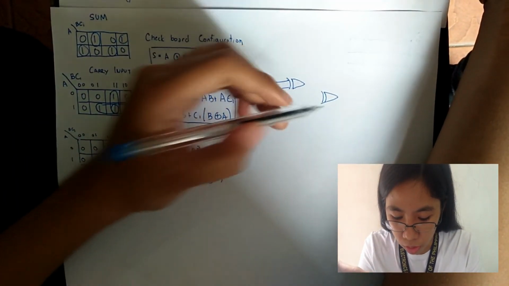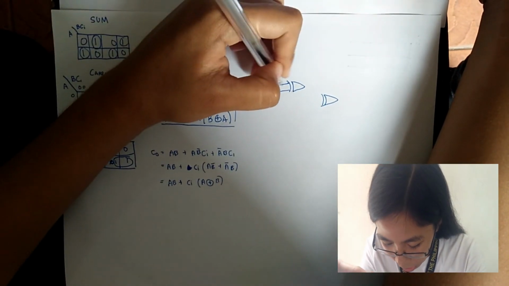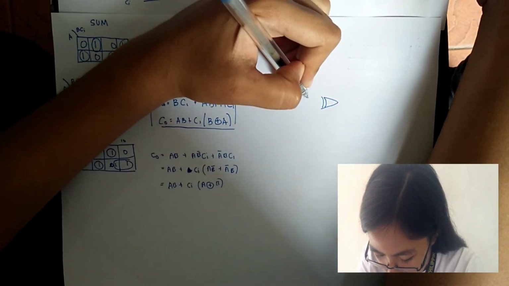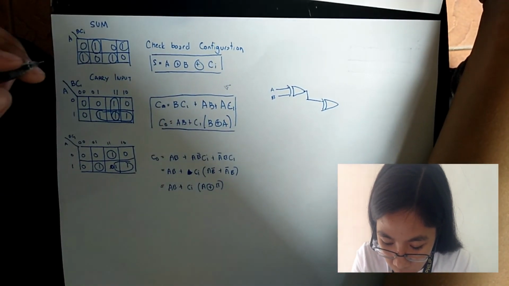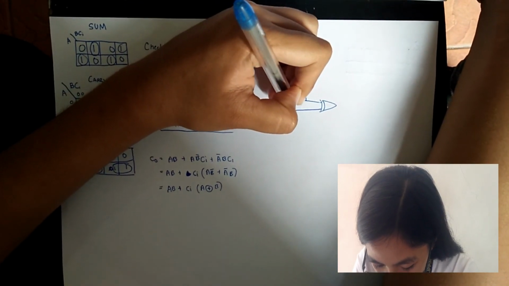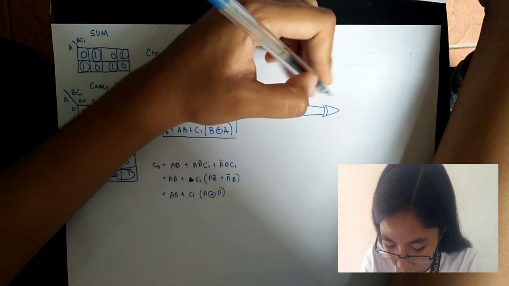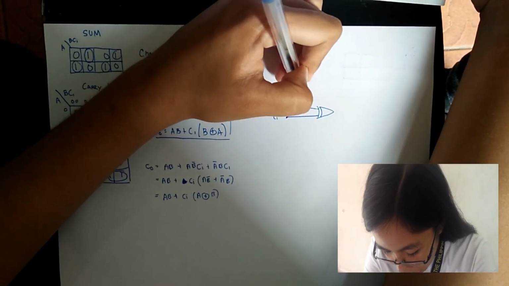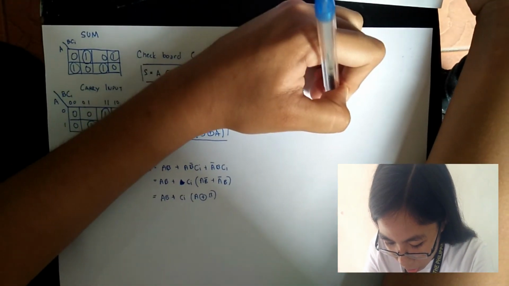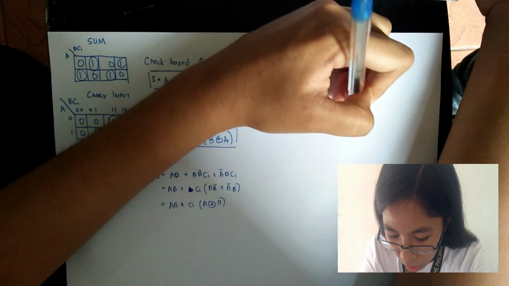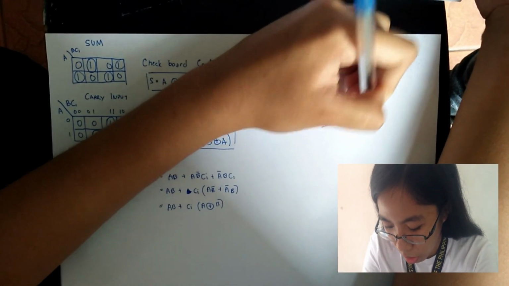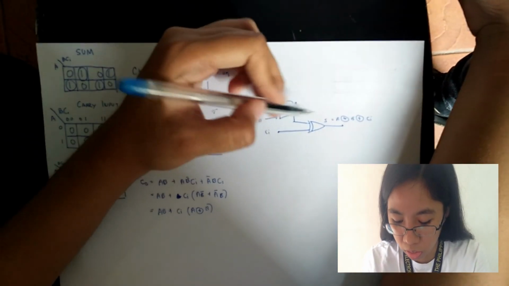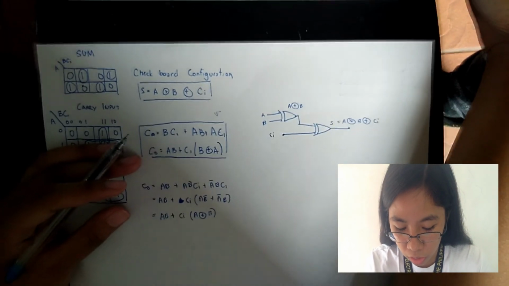This one takes A and B. We connect the output of this to this, and this takes the C input. The output of this is A XOR B, and the sum will be A XOR B XOR C input. And this is the circuit of the sum.